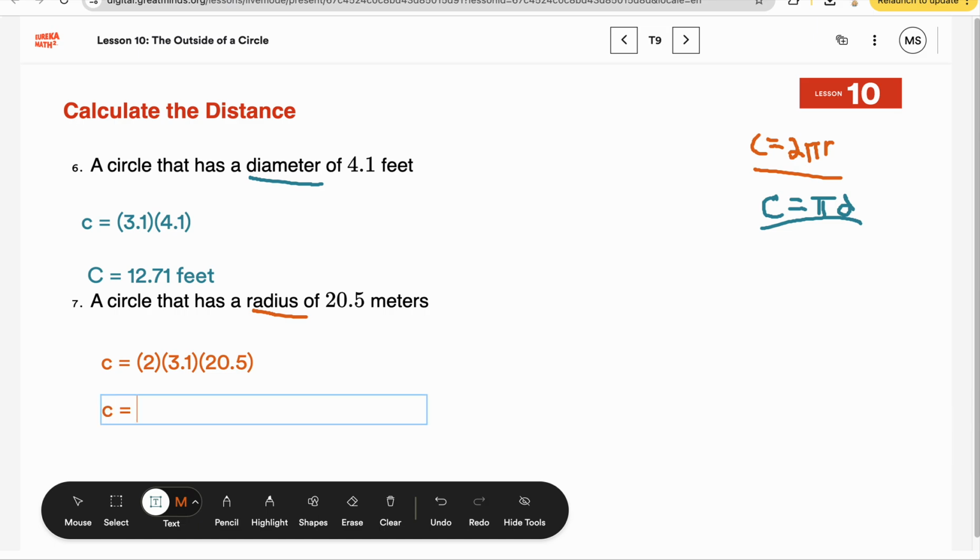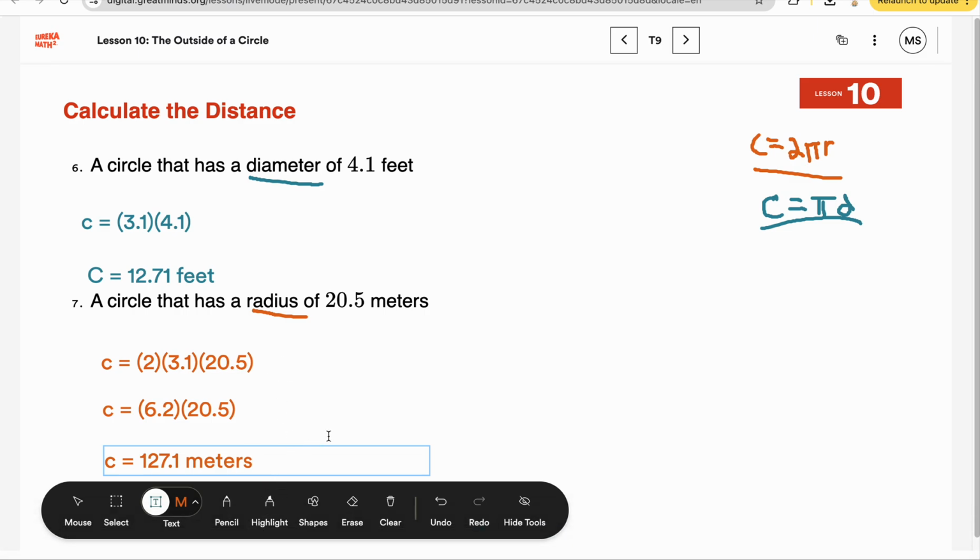Circumference equals 2 times 3.1, which is 6.2. Then I'll be multiplying 6.2 times 20.5 in order to get the circumference of this circle. 6.2 times 20.5 is equal to 127.1. And in this case, we are talking about meters.